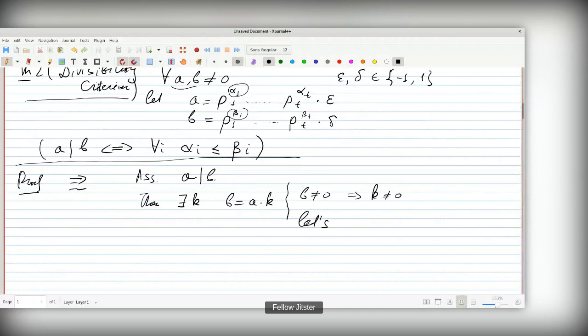As b was not 0, then k is not 0 as well. So we may factorize it. Let us construct its prime factorization.